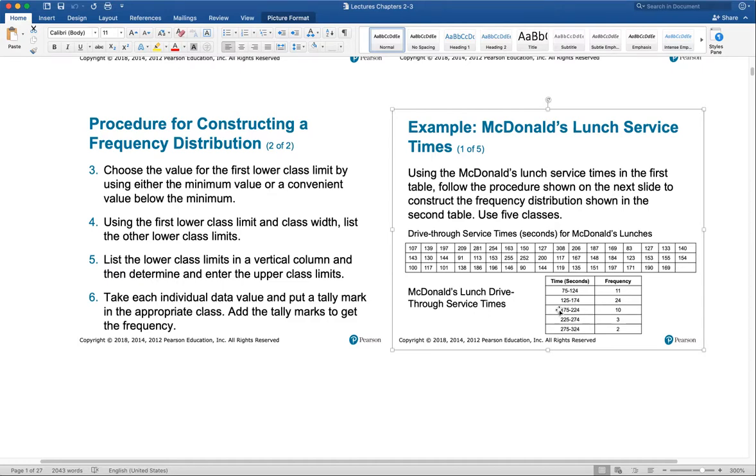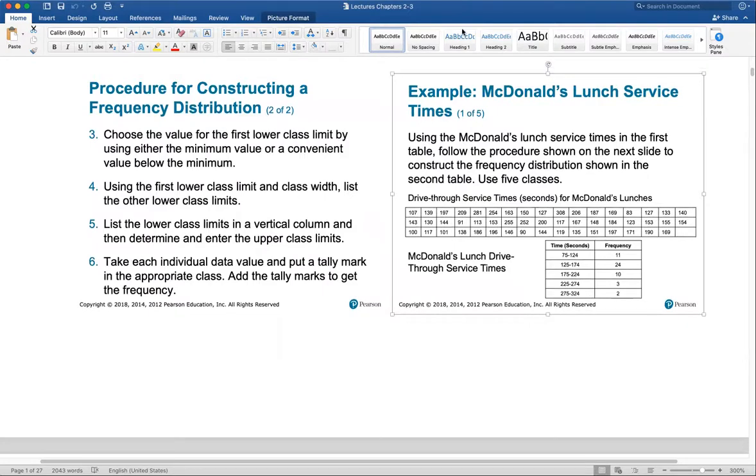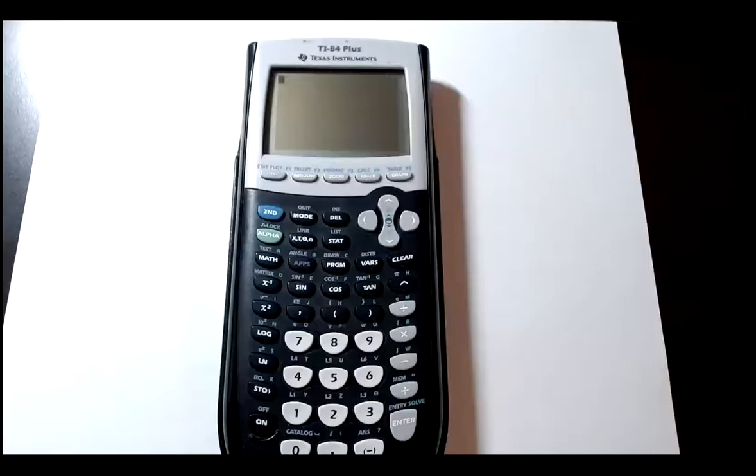So that must be easier than just counting the data belonging to each class manually. So let me plot the histogram of this data and then figure out the frequency for each class. All right, as I announced before, I'm going to use the TI-84 Plus calculator.